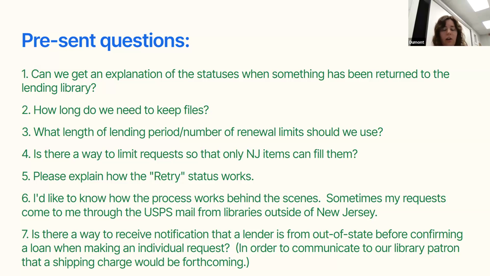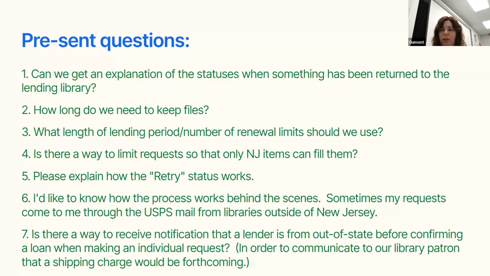So number 6, unless I'm misinterpreting question 6, I interpreted that to mean basically the same as question 4, which is keeping your request in state. So more than likely, if you are receiving a request via USPS mail, that means that you got it from out of state, because New Jersey libraries are going to use T-Force to send their items to you, which is at no cost.